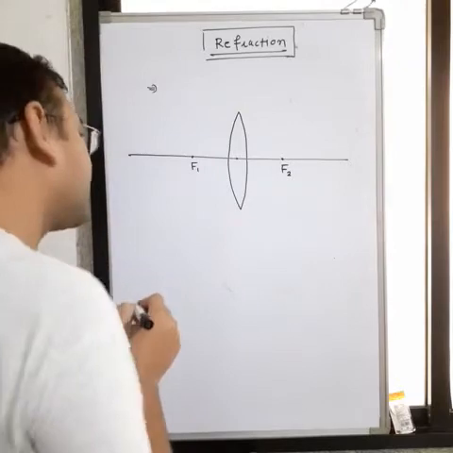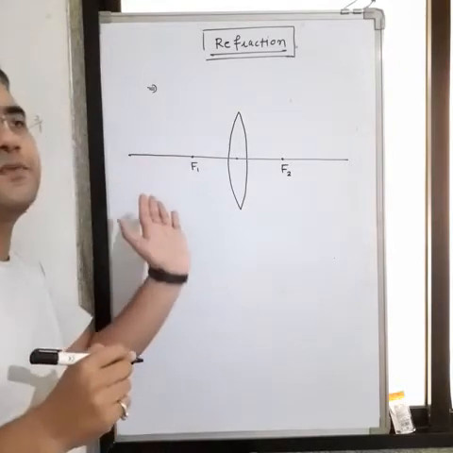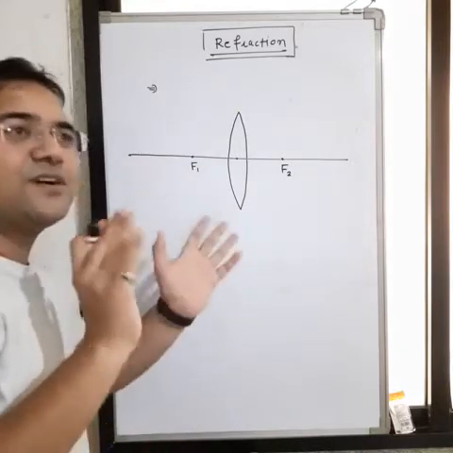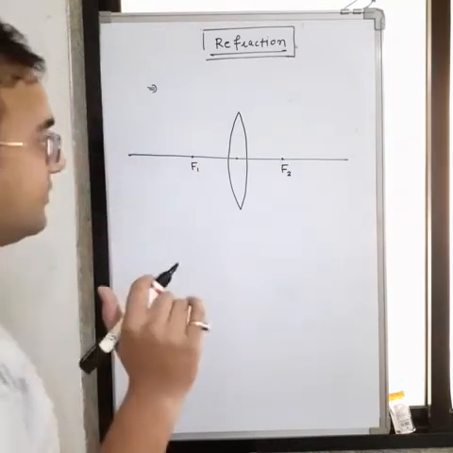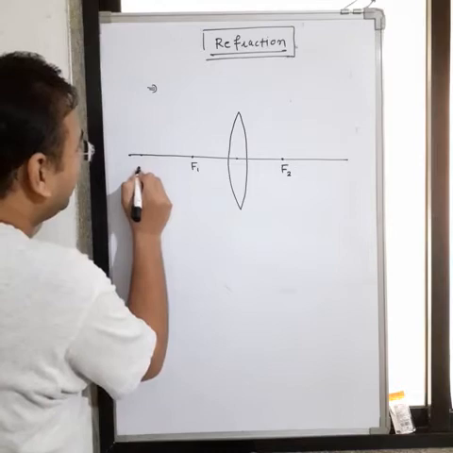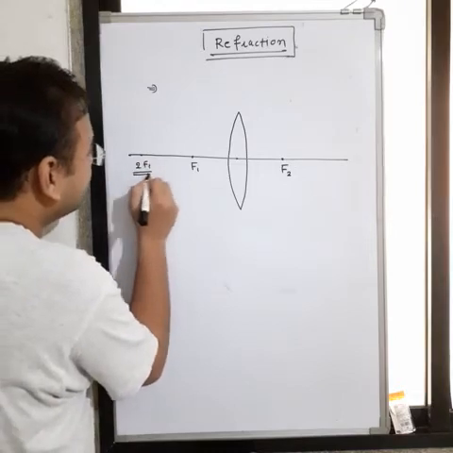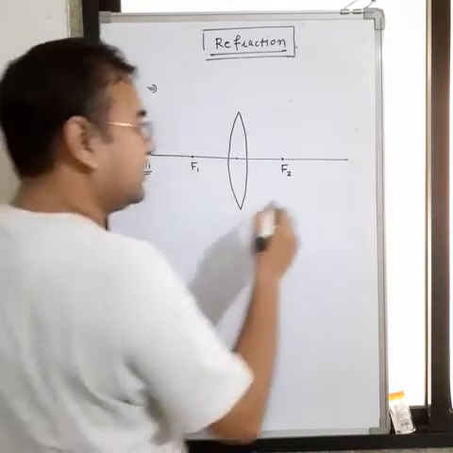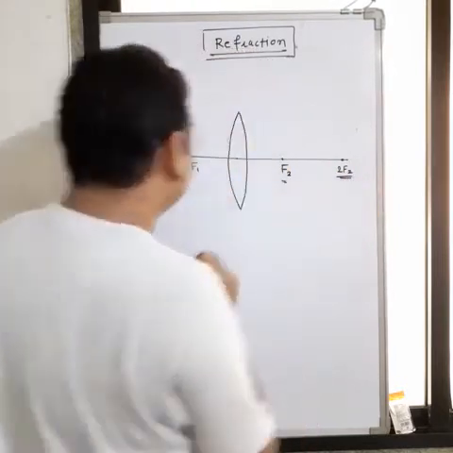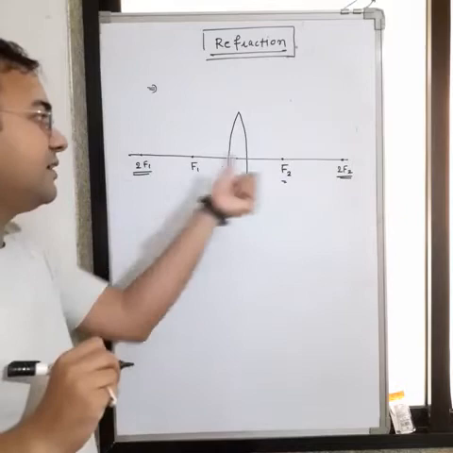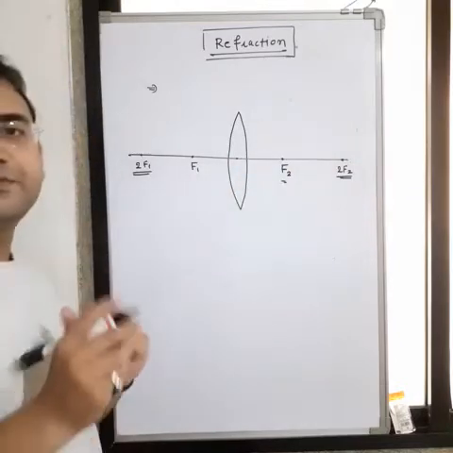Instead of the center of curvature, because here the center of curvature is not a suitable word, we use 2f1, meaning double of f1, here 2f1 and here 2f2.